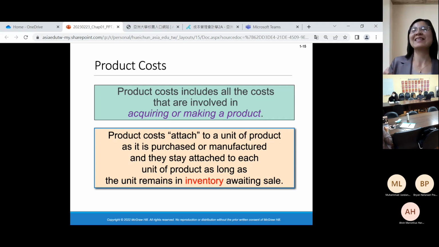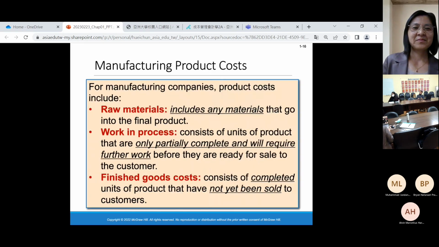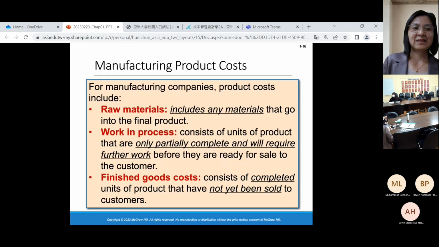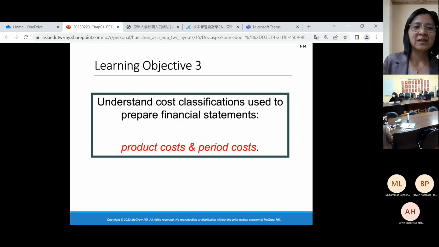Salary of the supervisor of the factory. Let's go there. Page up. This is product cost.